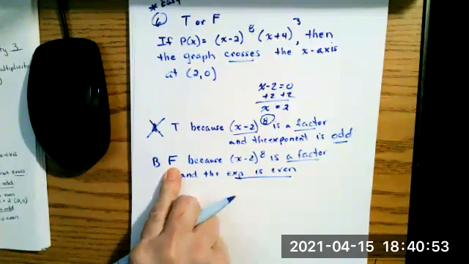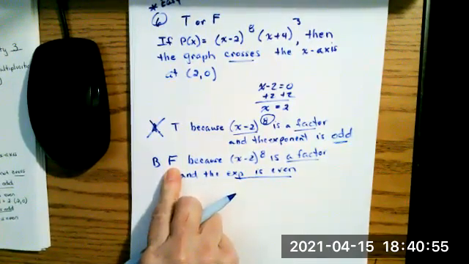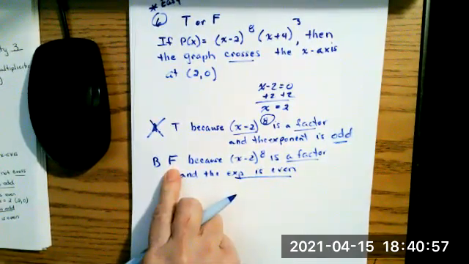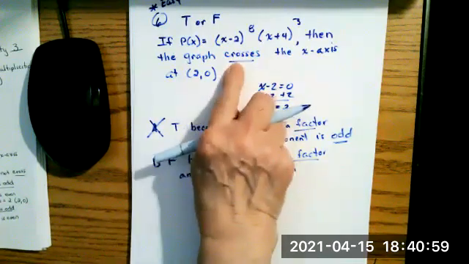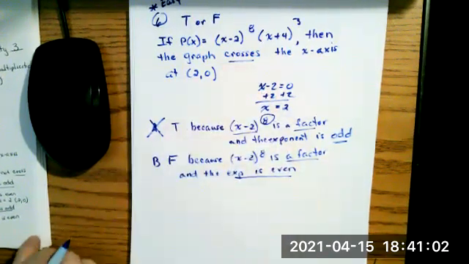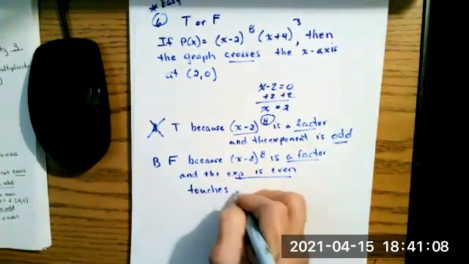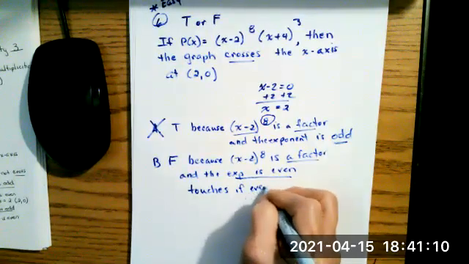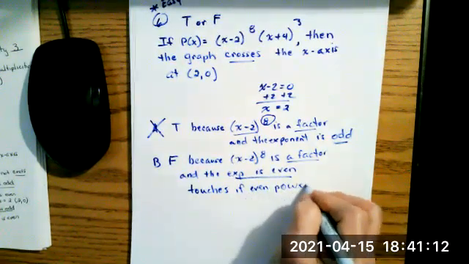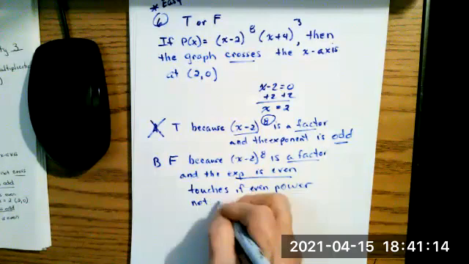Is this a false statement? What happens when it's an even power? Does it cross it or does it touch it at an even power? It touches. It touches if an even power, not crosses.